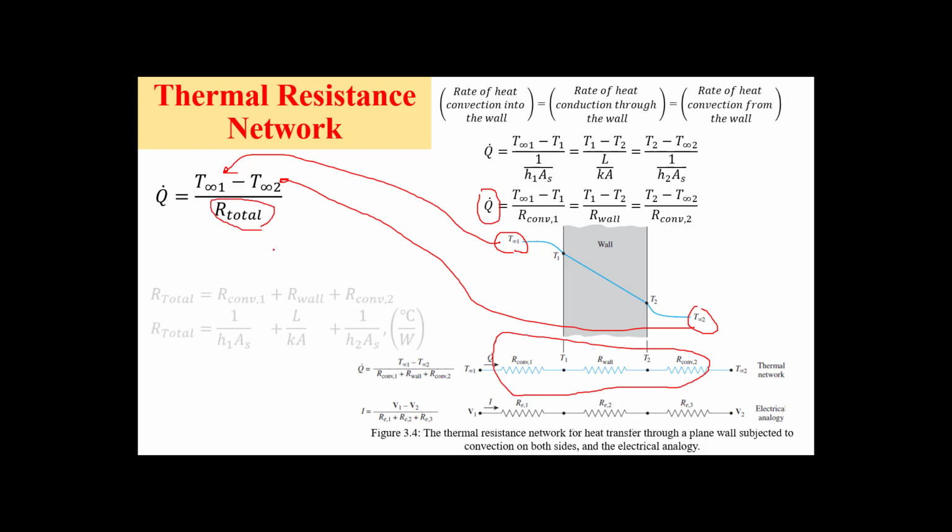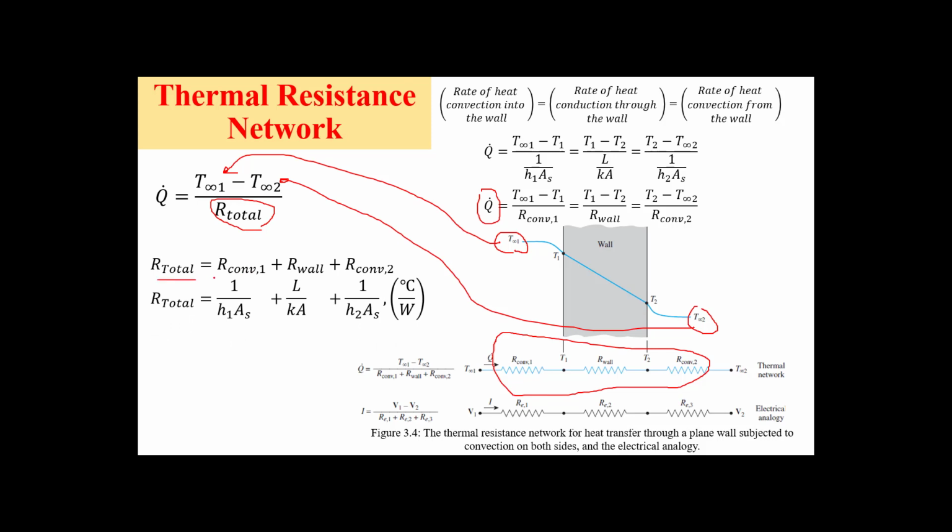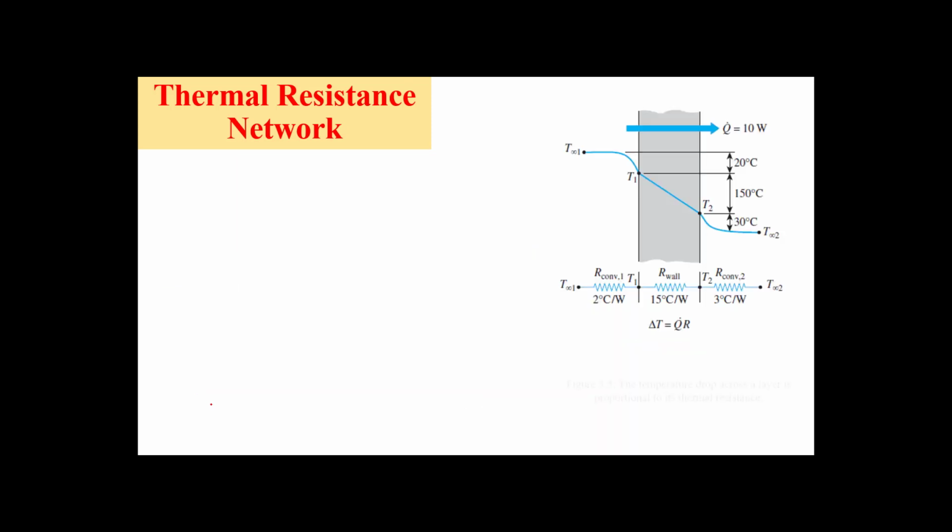Because here we have series resistance, the total resistance will be the summation of all resistances. And the unit remains as is. Nothing changed with the unit. Our total is degrees Celsius over watt. So if I know the resistance and I know Q dot, then I can know delta T, or temperature drop. We call it the temperature drop through the wall from one side to another.